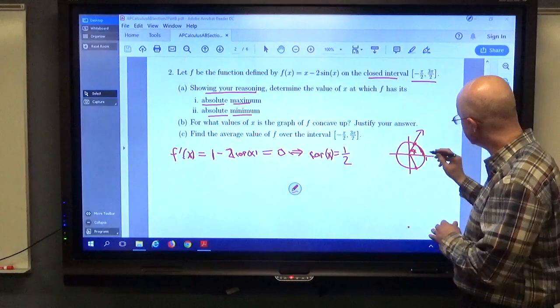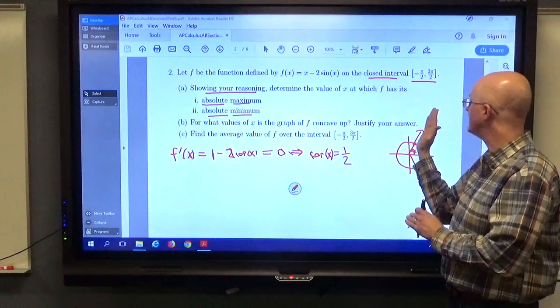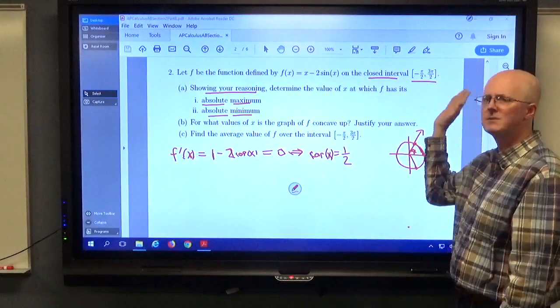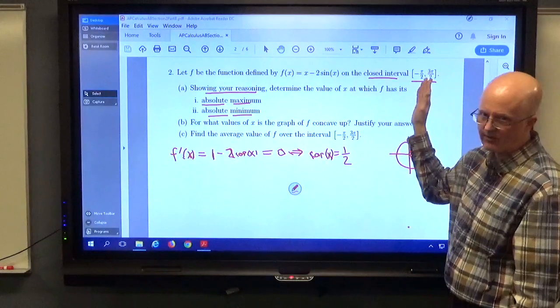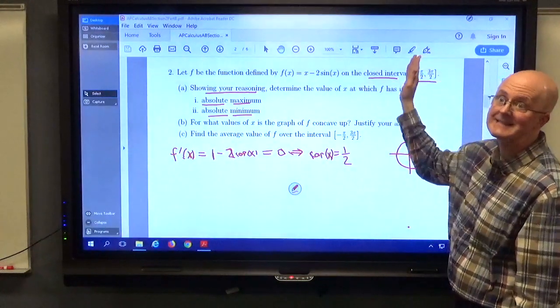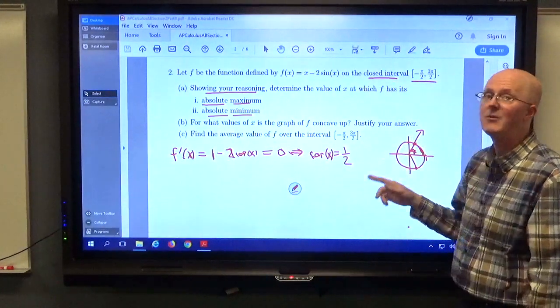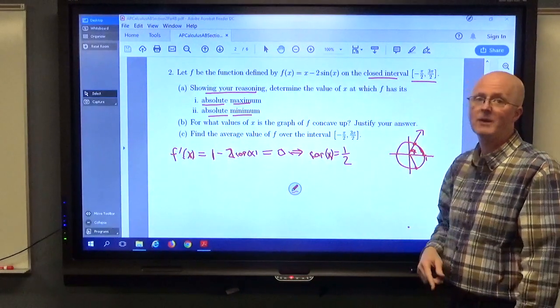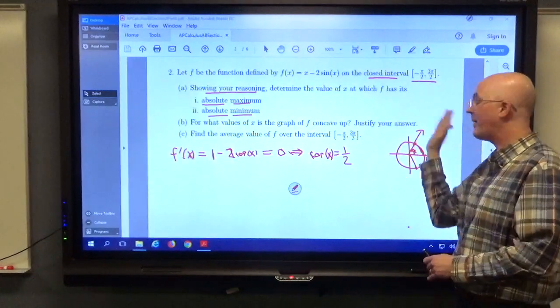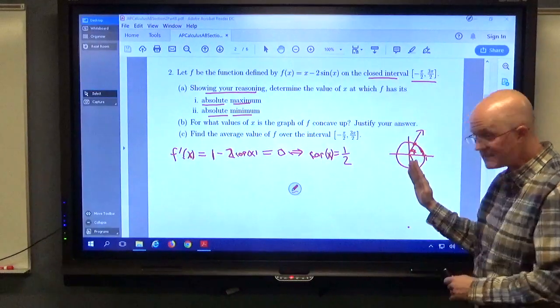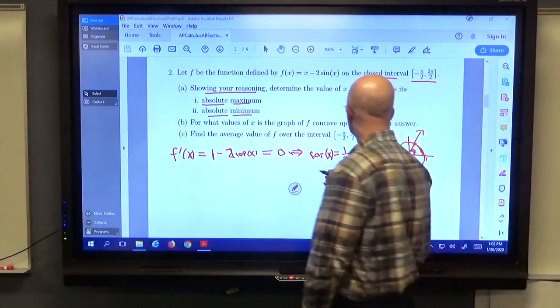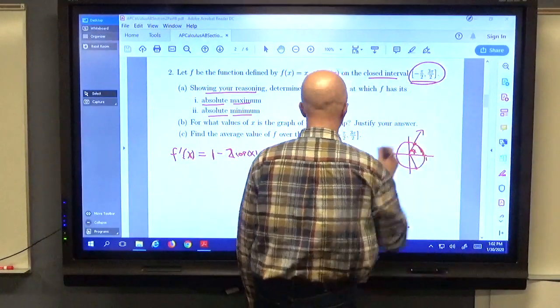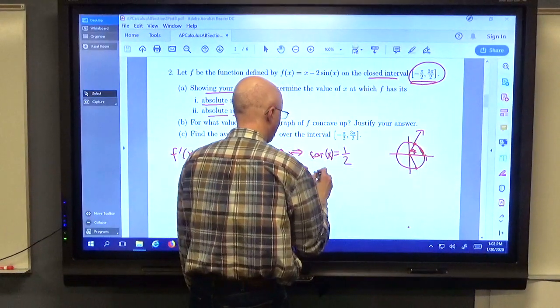That's the first coordinate at this point. And then you go down as the angle moves up from 0. You would go 1, then square root of 3 over 2, then square root of 2 over 2 at 45 degrees. Then at 60 degrees, or pi over 3 radians, the value would be 1/2. So x is going to be pi over 3 or minus pi over 3 in this interval.